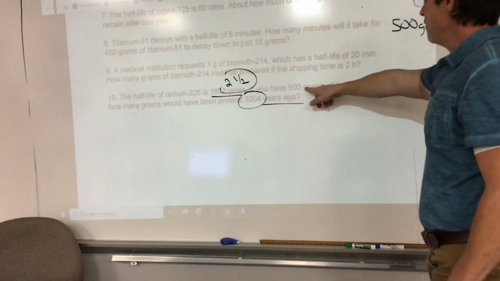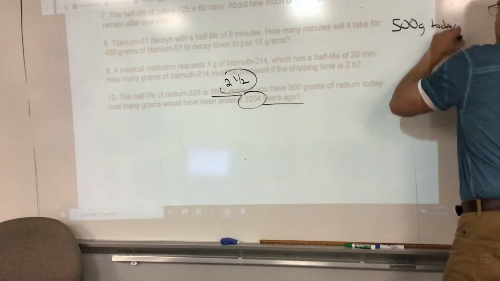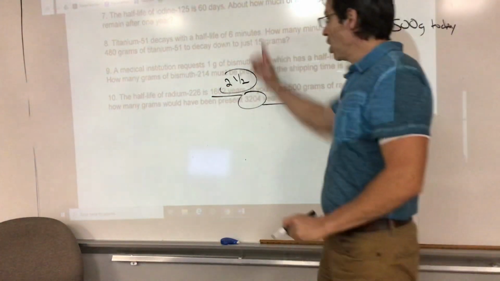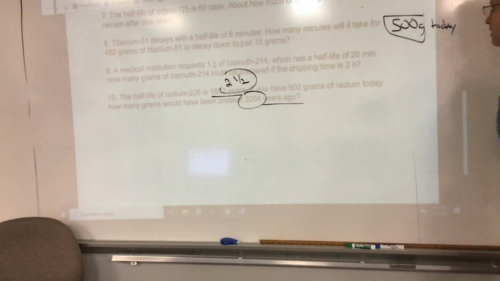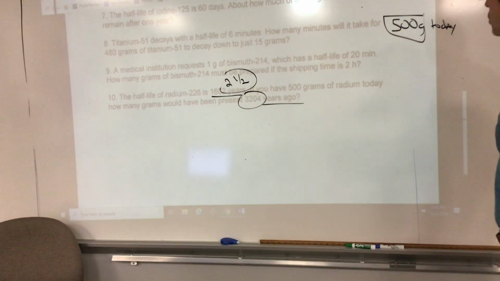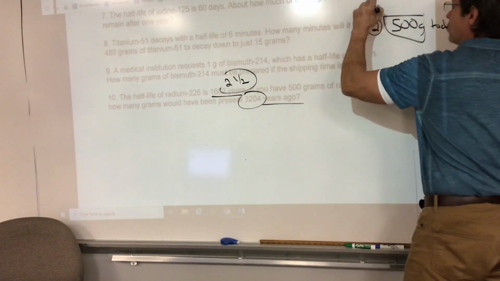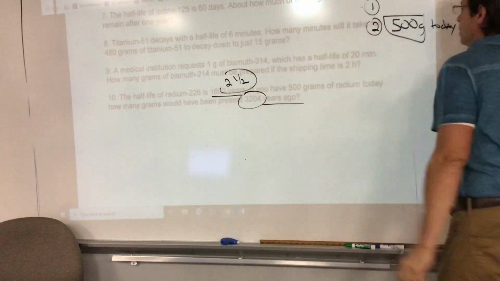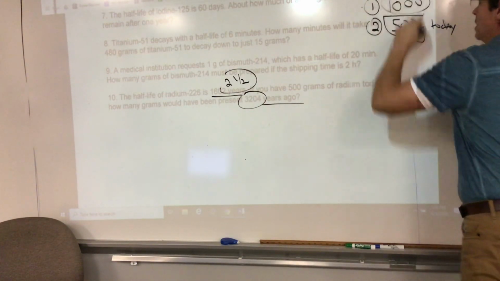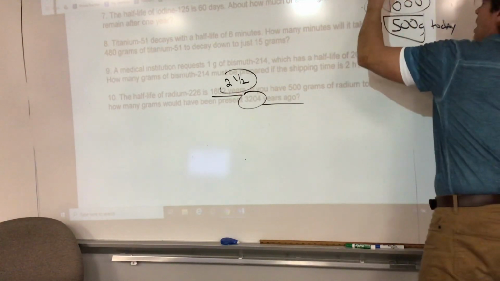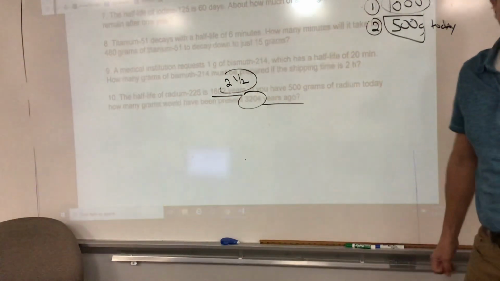So if I have 500 grams today, it wants to know, if I go back in time, what was this before, 2 things before. So this is after 2, after 1, and then the sample. Times 2 would be 1,000, right? And then what I originally started with before I started half-lifing would be 2,000 grams.